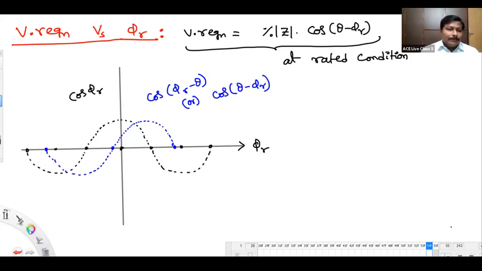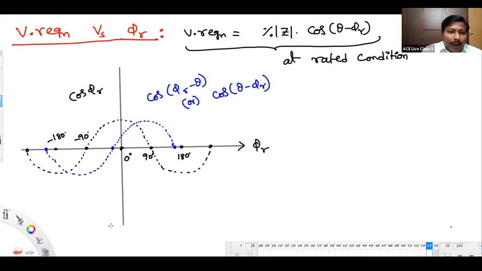But you see, this phi r angle, I will show angles on the axis: 0 degree, 90 degree, 180 degree, and minus 90, minus 180, like this. But you know this phi r, the power factor angle, will be in the range of minus 90 to plus 90 only. Practically speaking, this phi r angle will be only in the range of minus 90 degrees to plus 90 degrees. Yes or no?